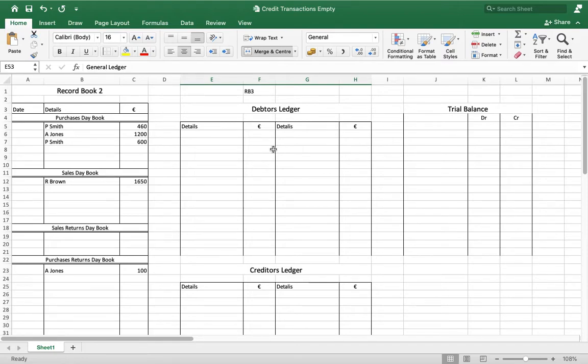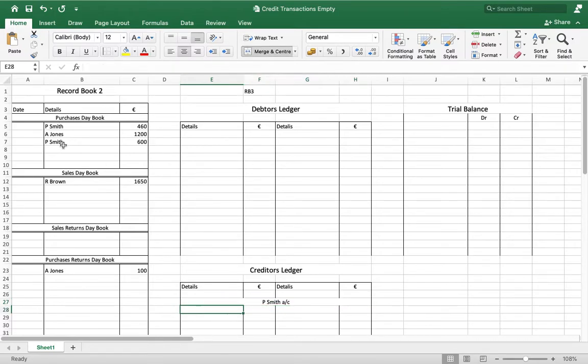Okay? All right. So my purchases day book, what I'm going to do to do my double entry here, my purchase day book, P. Smith, he's a creditor. I owe him money. So I'm going to have a P. Smith account. Okay. I'm just going to put that in here and put it in the center.